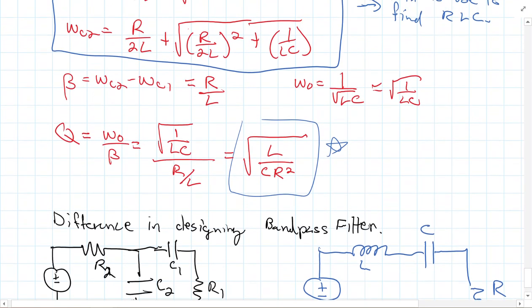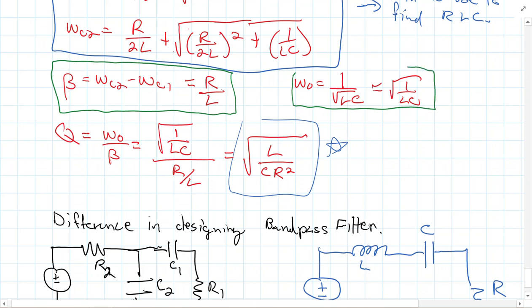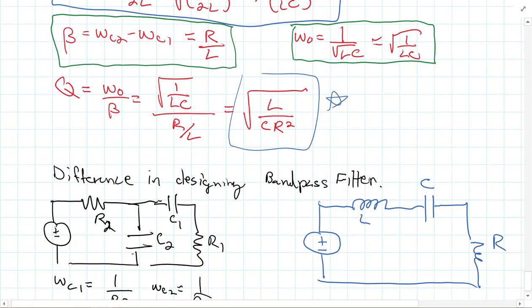Some simple equations that we have. Quite frankly, the simplest equations we have here are this one, because bandwidth is just a resistance divided by an inductance, and then my center frequency is 1 over square root of LC, and so we can get these components.